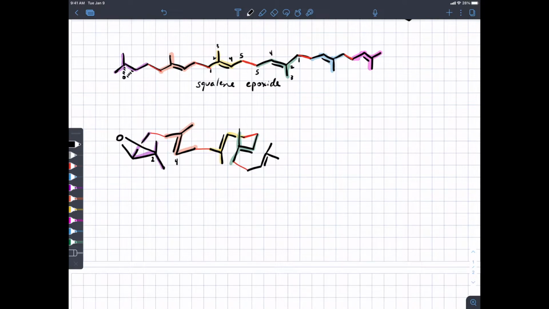And then 5, 4, 3, 2, 1. I think that's right. Nope. Sorry. And this is the bond between isoprene units. 5, 4, 3, 2, 1. Okay. So I'm sorry about that.